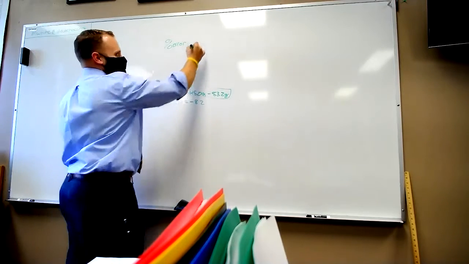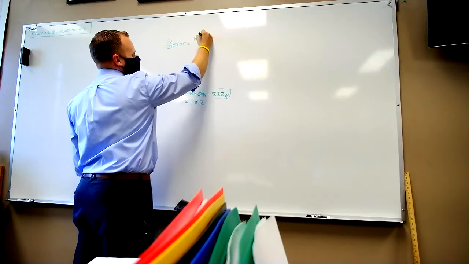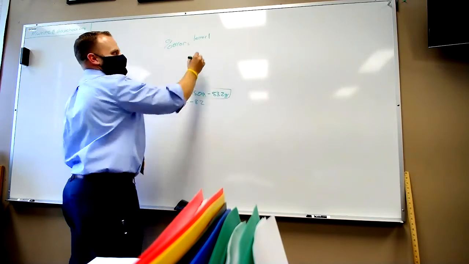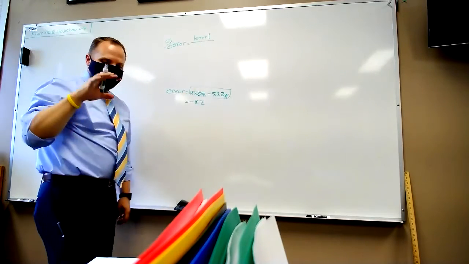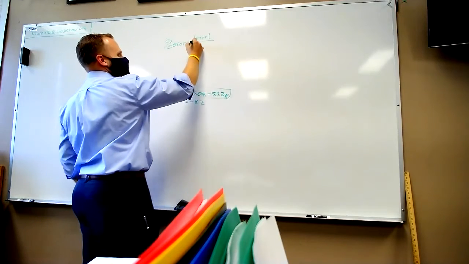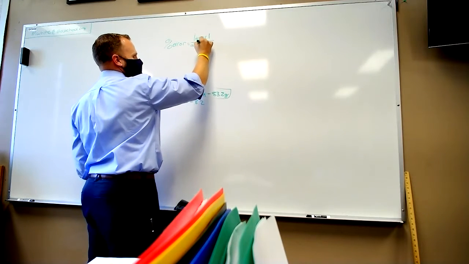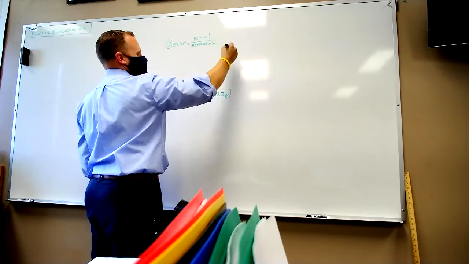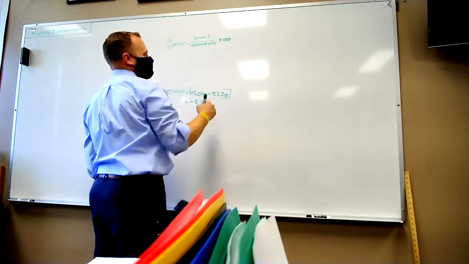So we take the absolute value of the error, which remember is these vertical lines here. Okay. And then we have to divide it by the accepted value. And then it is a percentage, so we multiply by 100.